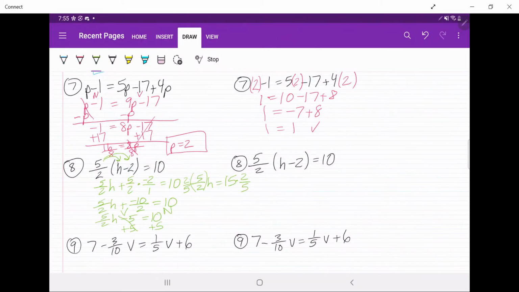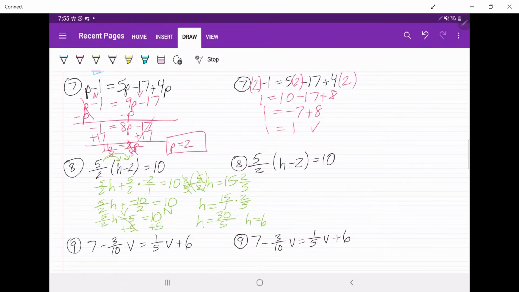So the 2 simplifies to 1, and the 5/5 simplifies to 1 as well. And we're left with h is equal to 15/1 times 2/5. And that is 15 times 2 is 30, and 1 times 5 is 5. And 30/5 is equal to 6, so h equals 6.